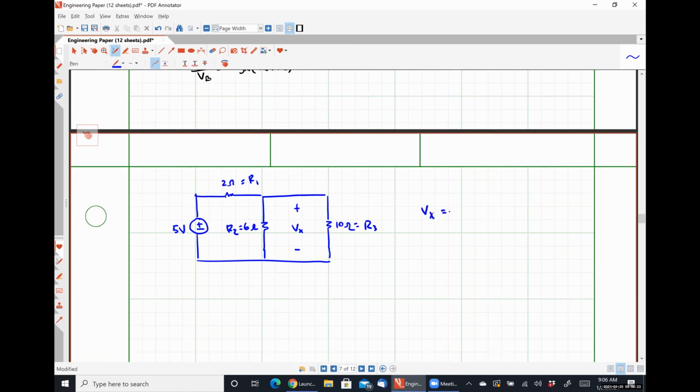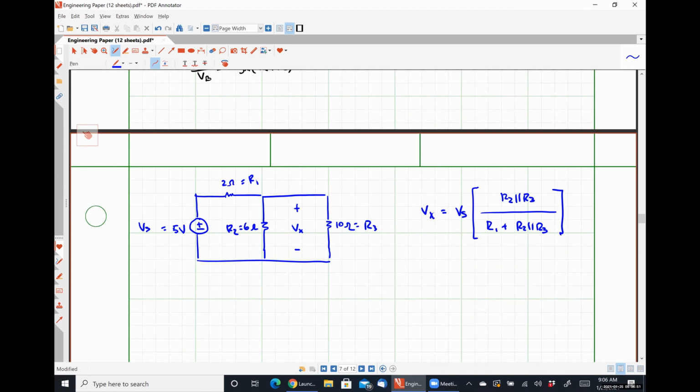Vx is going to be Vs times R2 in parallel with R3 over R1 plus R2 in parallel with R3. Anybody have any problem with that?